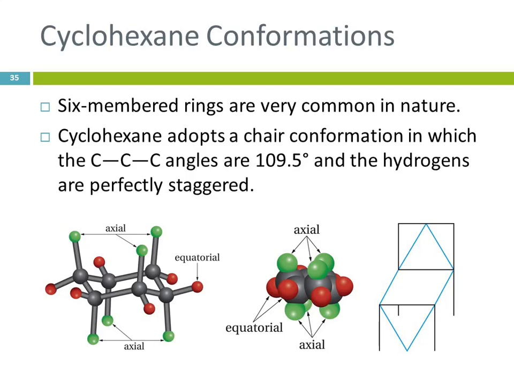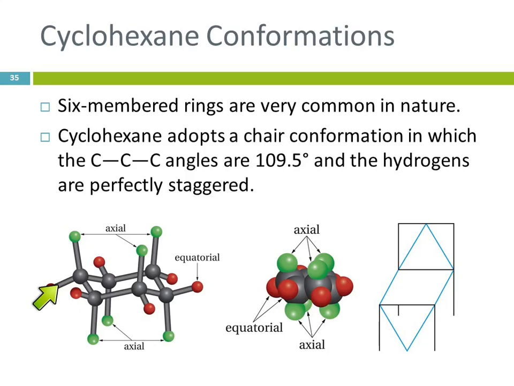When we get to cyclohexane, with 6, we'll notice that there are 2 different kinds, or 2 different orientations for the hydrogen atoms. There are some that are sticking straight up and down. These we call the axial hydrogens.